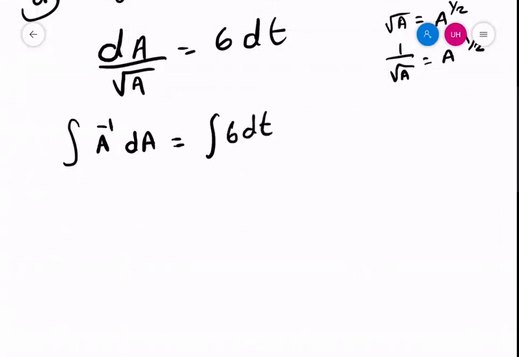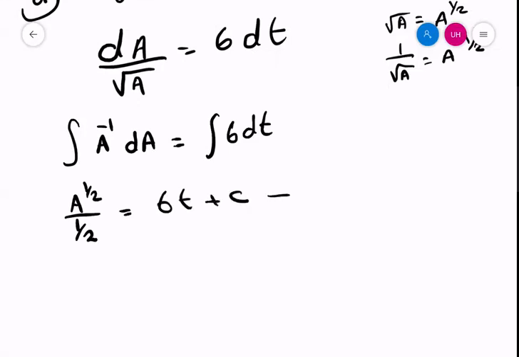When we integrate this, you add 1 to the power, so it's A to the power half divided by half, equals 6t plus c.